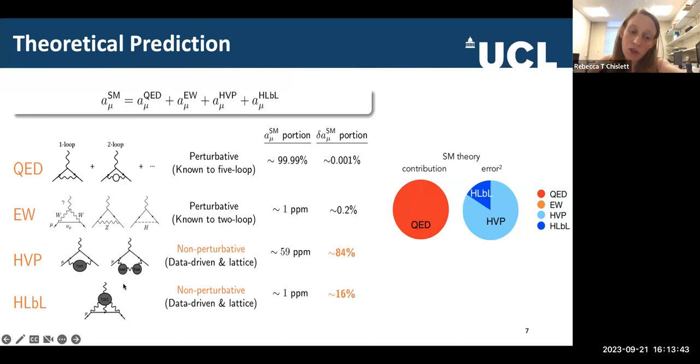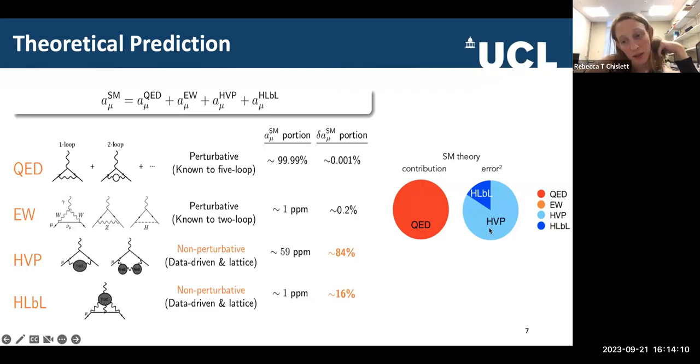Out of those 2 contributions, the hadronic vacuum polarization has the largest uncertainty, and is more than 80% of the total uncertainty on the theoretical prediction. You can see in the plot on the right that QED is basically the entire contribution to the theoretical prediction, but the error is highly dominated by the hadronic contributions.